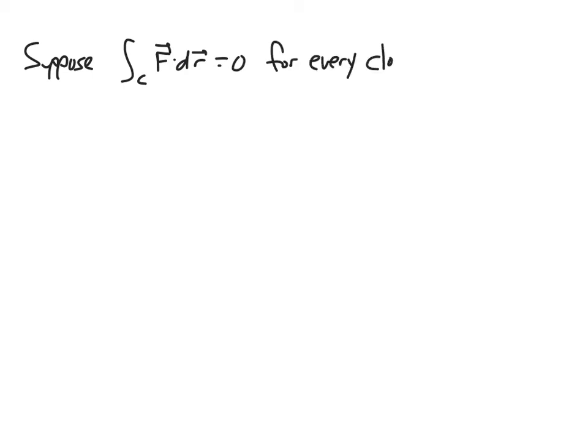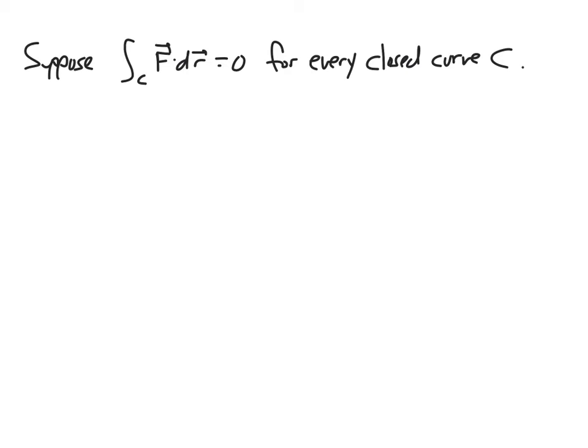Okay? On the other hand, let's suppose we had a line integral with this property. Right? Let's suppose that the line integral over C of our vector field f was equal to 0 for every closed curve C. Right?